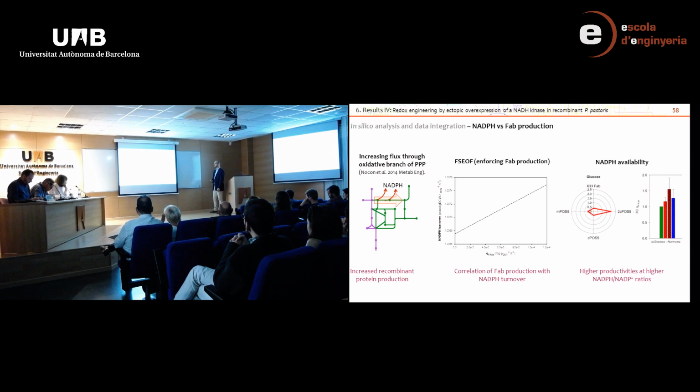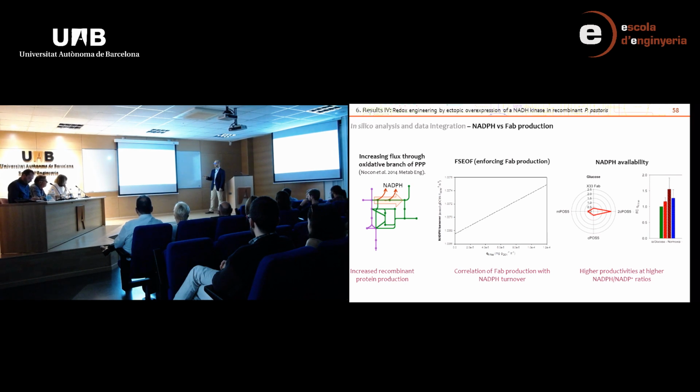So by trying to integrate this information and also using the genome scale metabolic model, we first want to highlight that in previous studies the correlation between NADPH availability and recombinant protein production has already been reported. For example, in a recent study, they tried to overexpress the oxidative branch of the pentose phosphate pathway, that is the main NADPH generation pathway in the cytosol.